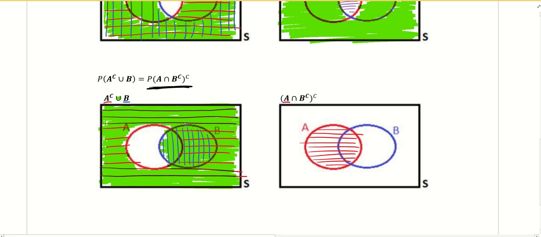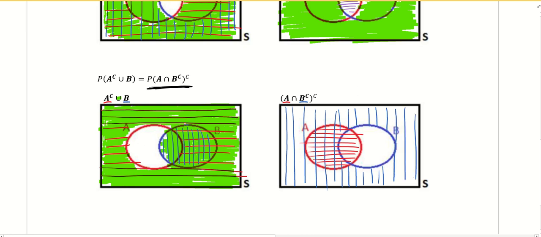B complement is everything outside of my B circle, so I'll shade that in blue. And then if I think about the complement of that, actually, let me think about this intersection first. So let me use a different color here for the intersection.